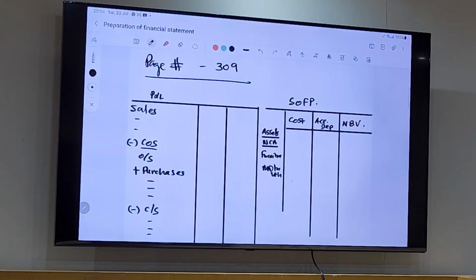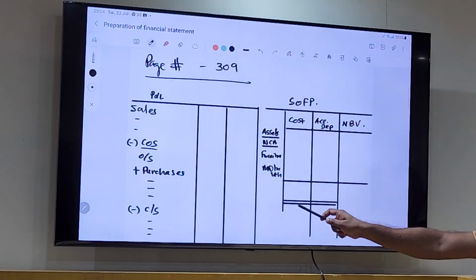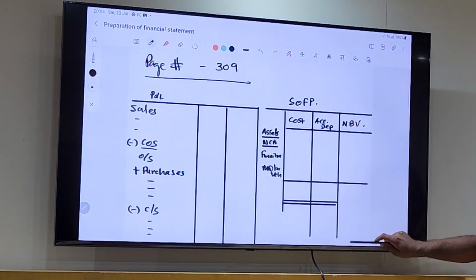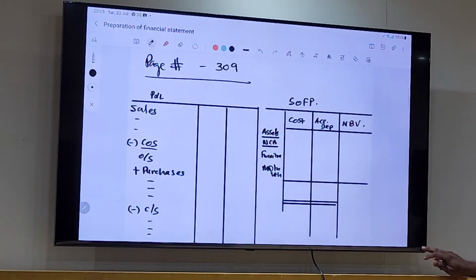Please understand that I closed these 2 lines here, and I kept this line open. Why? I will continue the total down, and that's where the position comes.